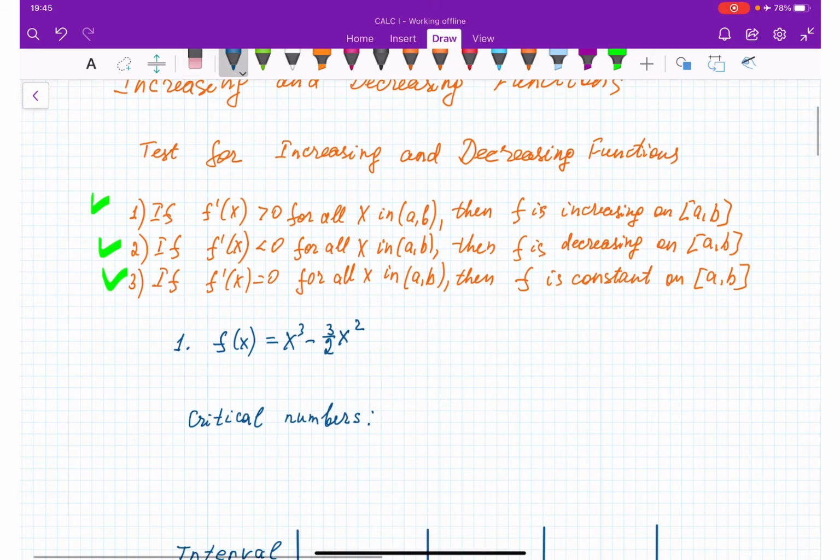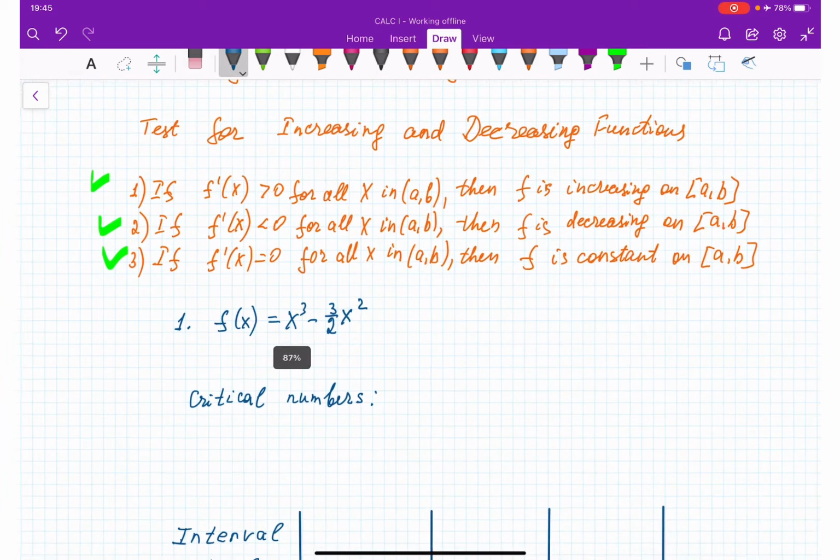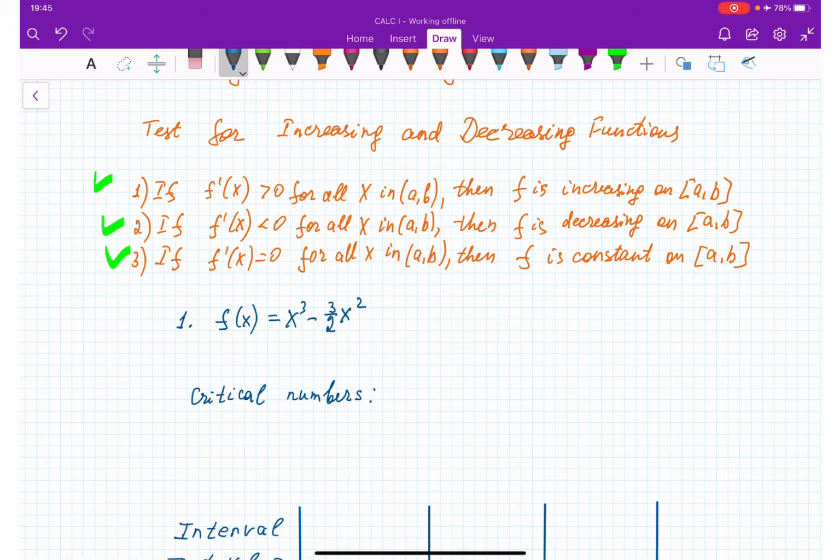Here we have f of x equal x cubed minus 3 over 2 x squared. Well, let's use the power rule and get the first derivative. Just to remind you, the derivative of x to the power n is n times x to the power n minus 1.